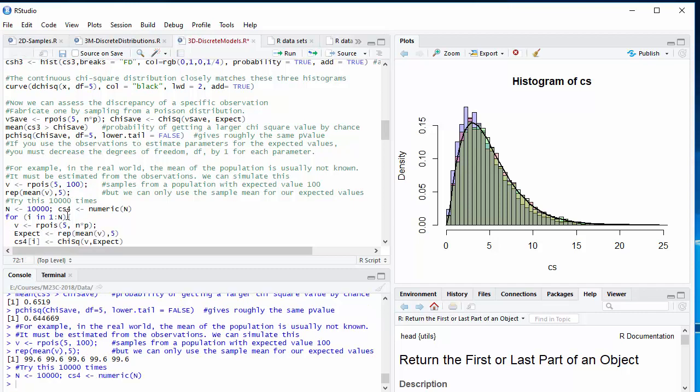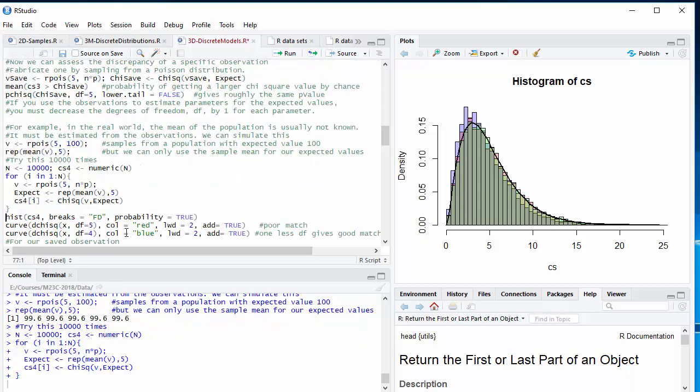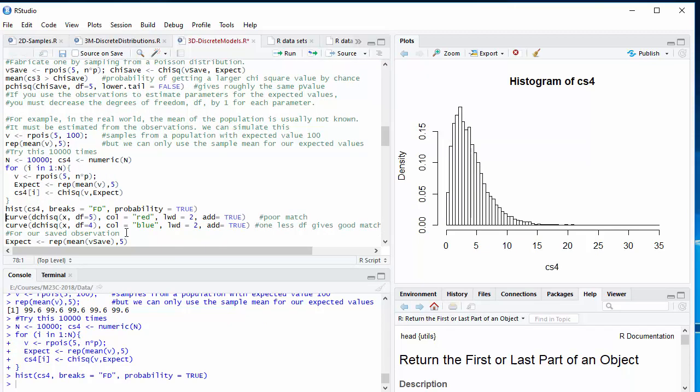But in this case, every time we make an observation, we're going to get the expected value by taking the mean of those 5 samples. And there's the histogram. Suppose I didn't acknowledge the fact that I used the data to get the expected value. And I said, oh, I've got 5 observations, 5 degrees of freedom.